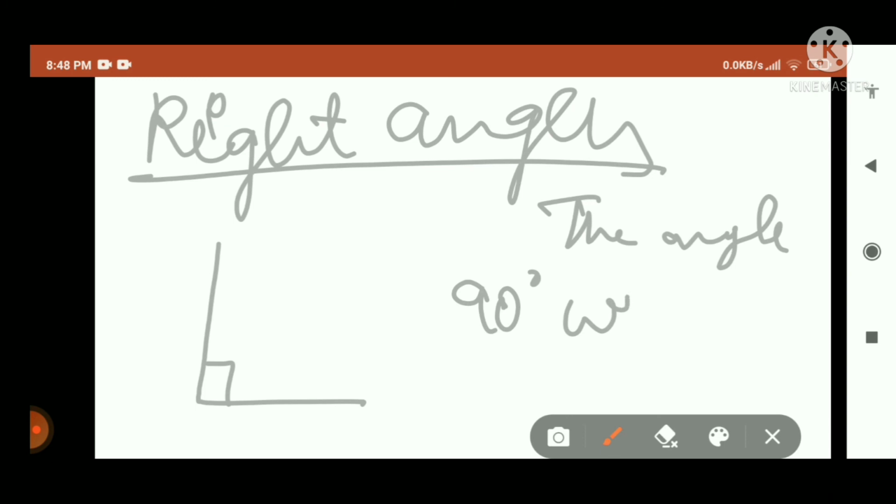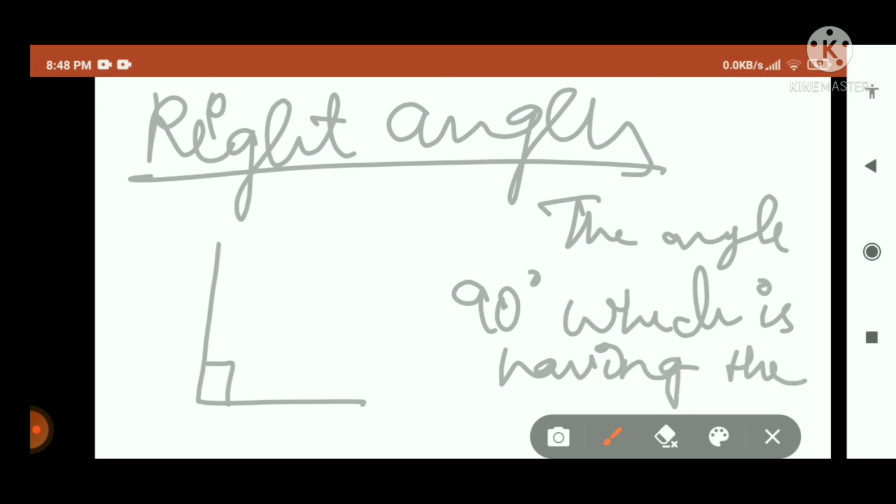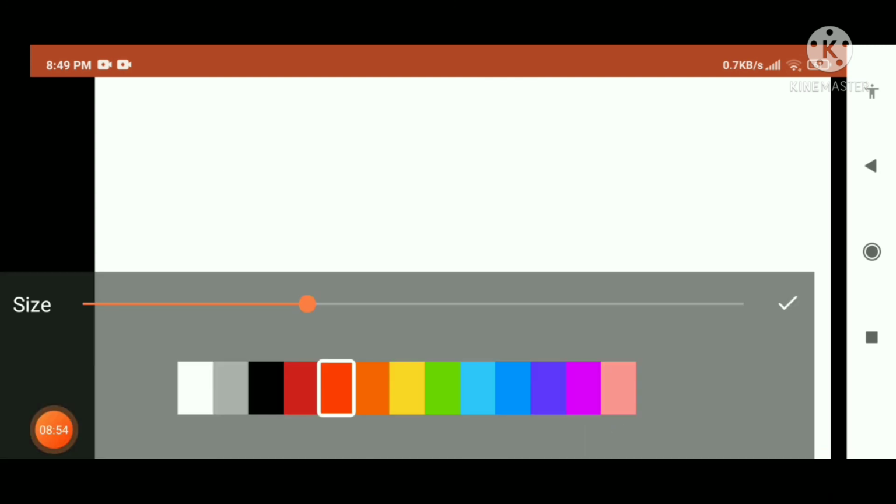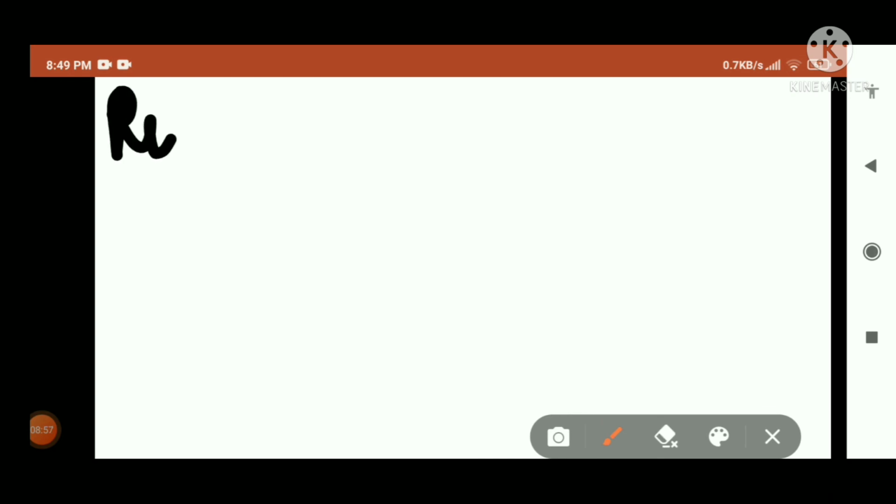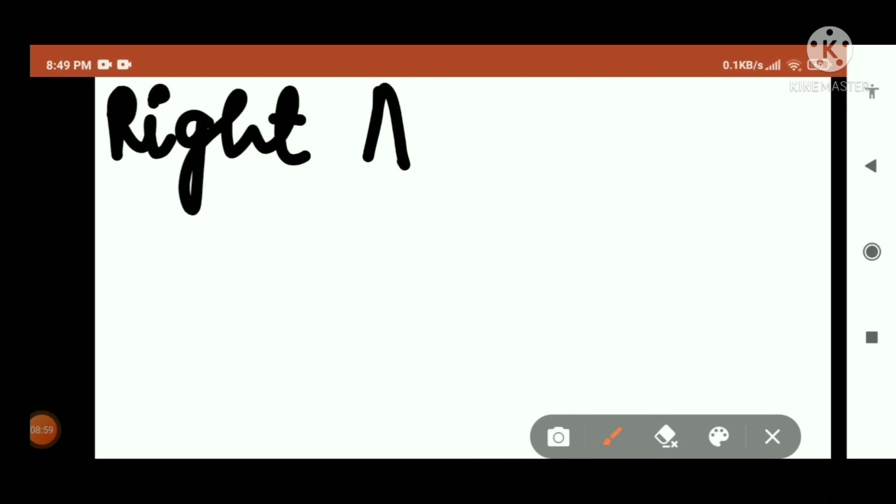The angle which is having the measure of 90 degree is known as a right angle.